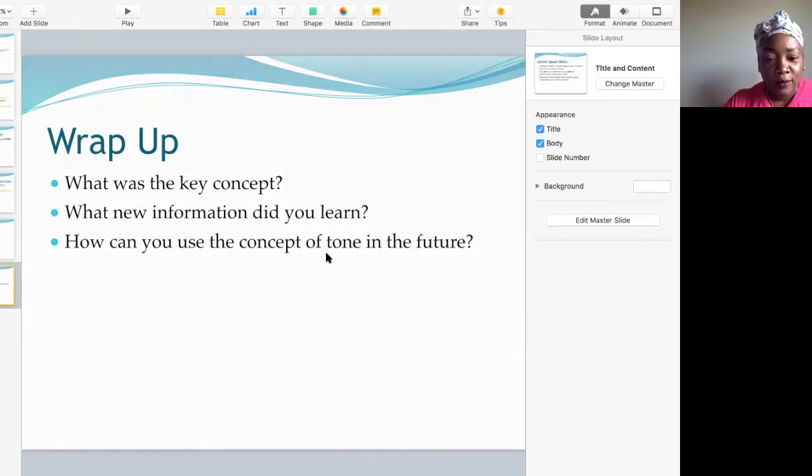All right, now let's wrap up on the topic of context clues. Anyone can answer in the chat. What was the key concept of the topic of context clues? Sebastian says finding clues. Shaquille, finding clues to help answer the question.